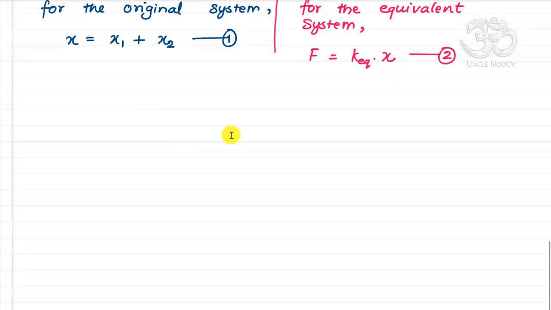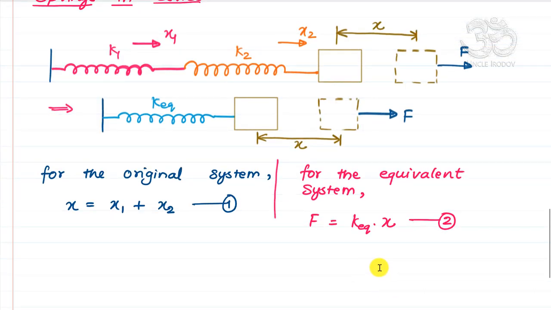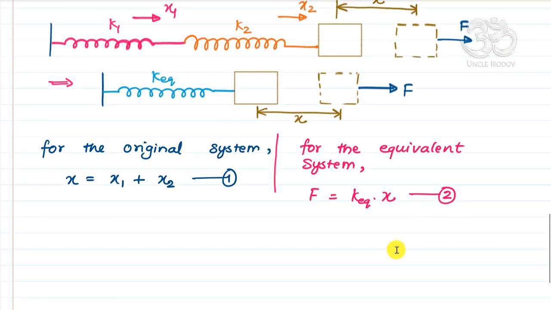The block, let's start with the block on the extreme right. So let's say the block is on the extreme right somewhere here, and the block will have a force F acting on it towards the right, and the block will have a force acting on it at the point where the orange spring is connected to it, and because the force is exerted by the orange spring, it will be K2 into X2.